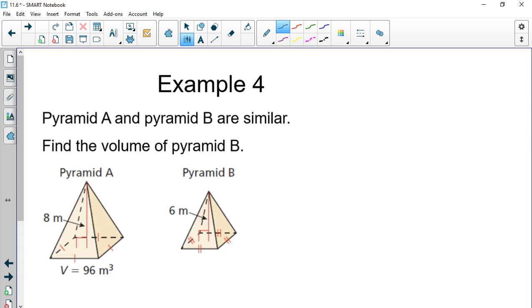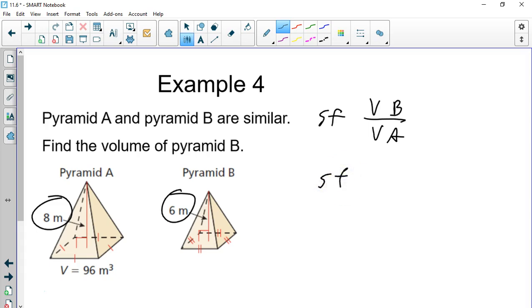First off, we need to talk about the scale factor of the two pyramids, so the volume of B and the volume of A. Let's find out what the scale factor is from the information we have. We have the heights. So the scale factor on the heights is 3 to 4, which is basically 6 to 8 reduced.